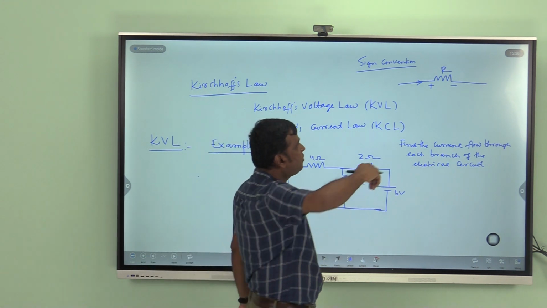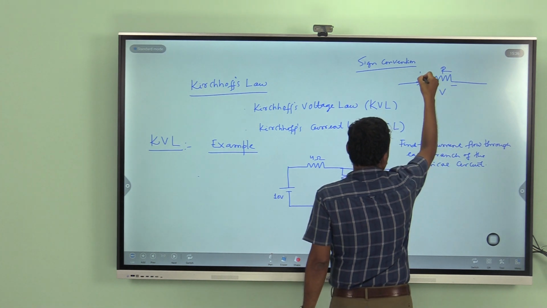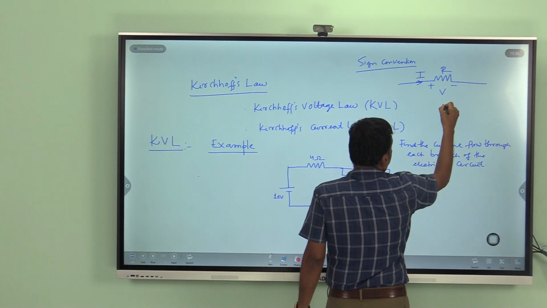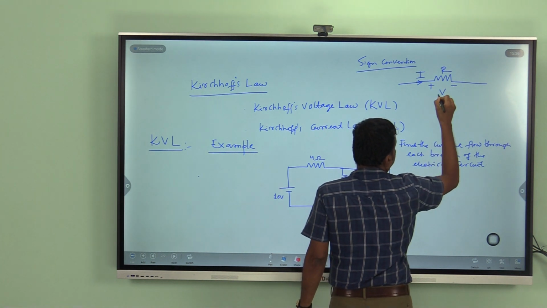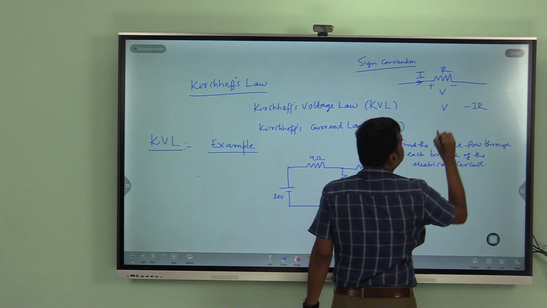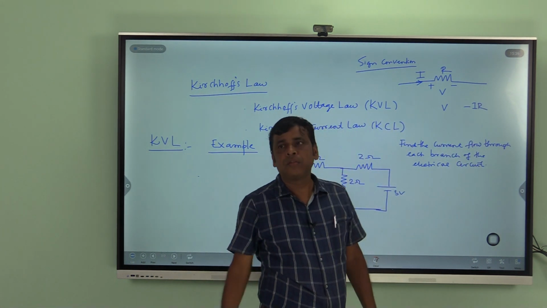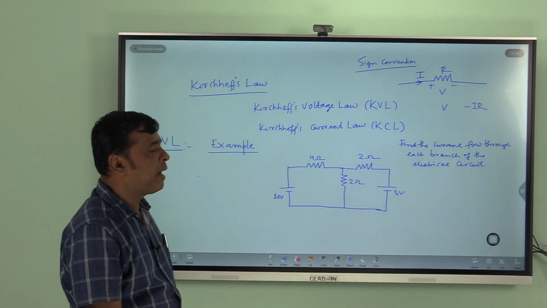Remember, suppose there is a resistance R and a potential V, and the current flowing through the resistance is I. Going from plus to minus gives minus IR. The potential or EMF that we can calculate here is minus IR.